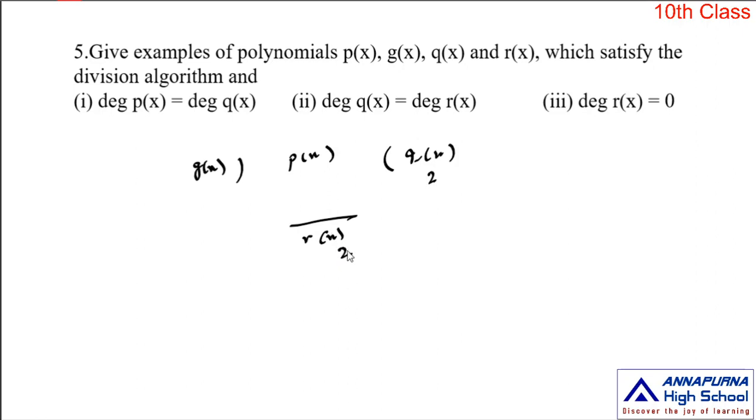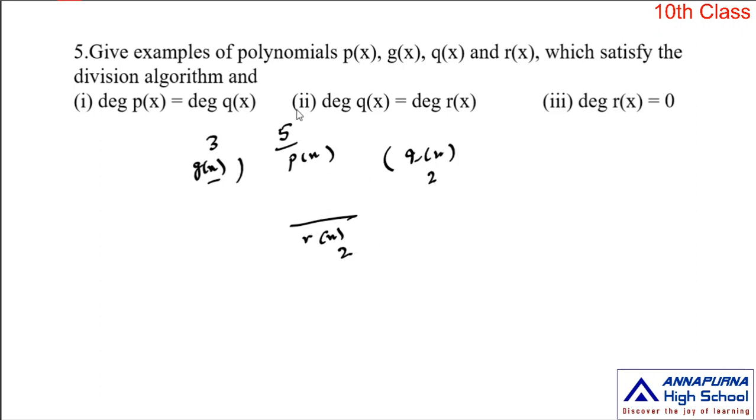If the remainder degree is 2, you must take a third degree polynomial or fourth degree polynomial as the divisor. So in case you take a third degree polynomial as the divisor, then the degree of the dividend is 3 plus 2, which is equal to a fifth degree polynomial. So you can write the examples like this. That means you choose any fifth degree polynomial as dividend and a third degree polynomial as divisor, do the division, and find the quotient and the remainder.